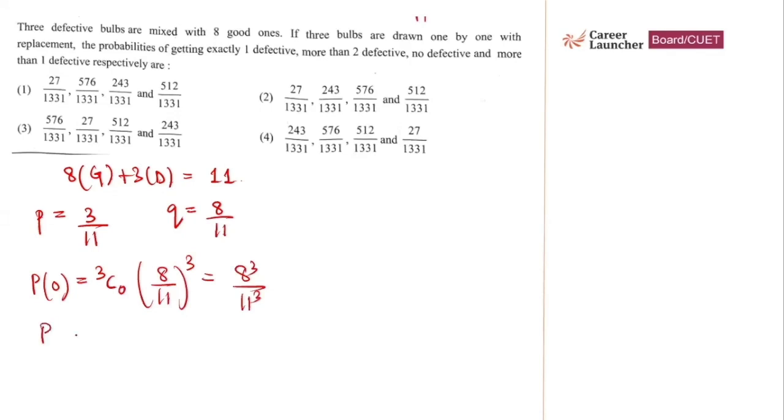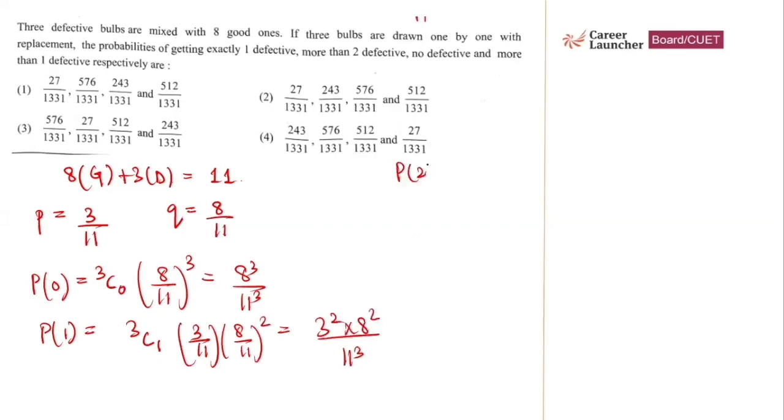Then P1 will be 3C1, then 3 by 11 and (8 by 11) whole square. It means 3 square into 8 square upon 11 cube. Then your P2 will be 3C2, (3 by 11) whole square, 8 by 11.